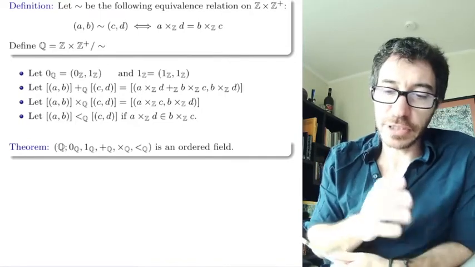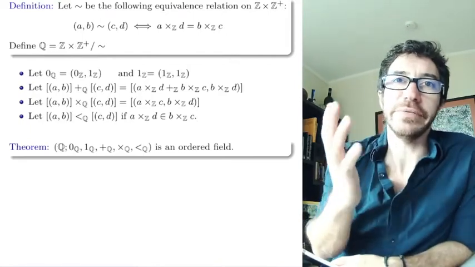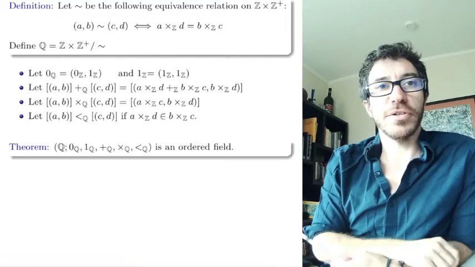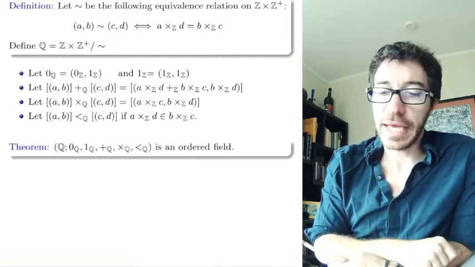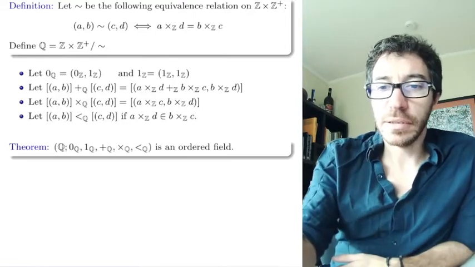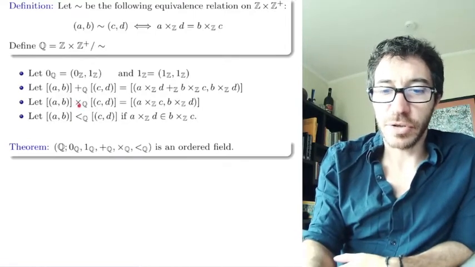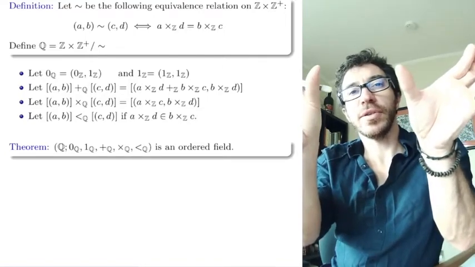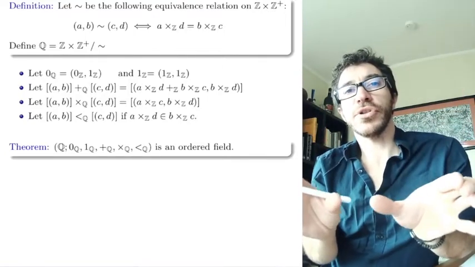So the same thing: associativity, commutativity, distributivity, inverses, unity, all those properties you need to show. And ordered means that the order behaves well with the operations of addition and multiplication, right? If you add two things to bigger things, the result is going to be bigger.